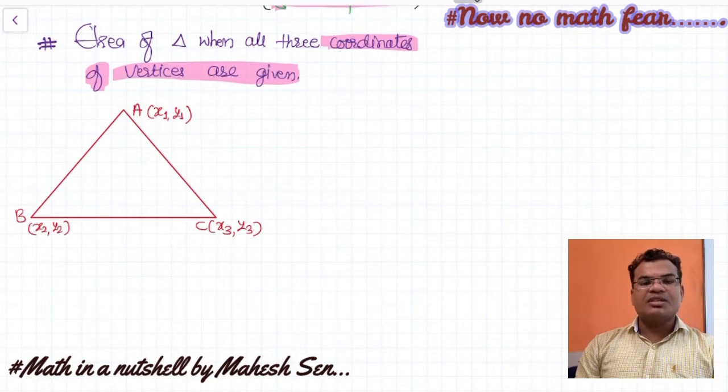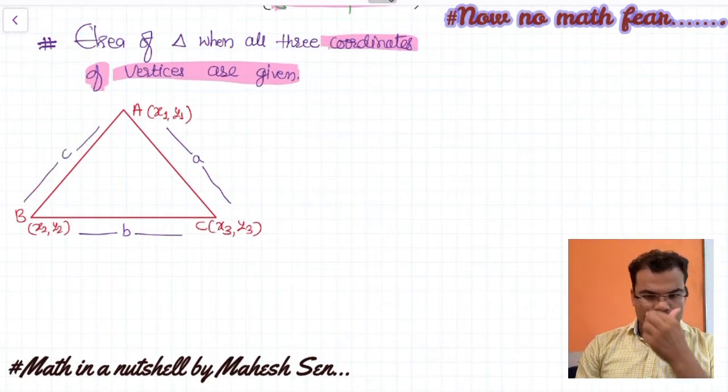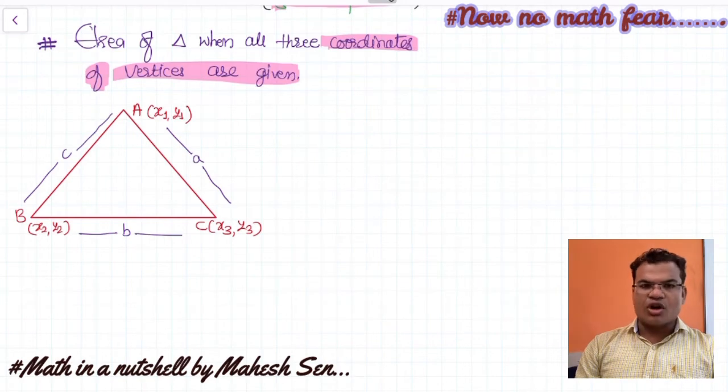So ABC is a triangle in which we have three vertices and three coordinates: x1, y1, x2, y2, and x3, y3. We can go through this concept, and the sides AB, BC, and AC we can take in small letters, that is a, b, c. So we need the lengths of these sides for Heron's formula.